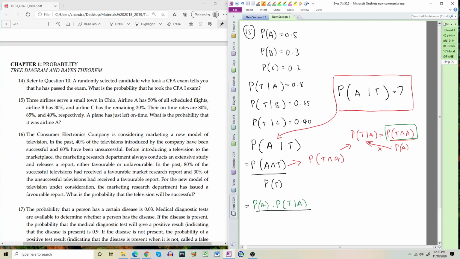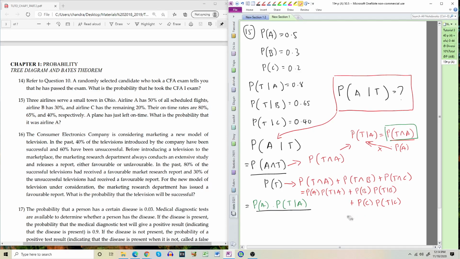Alright. And similarly we can also do this. We want to find the probability of a single criterion plus all the related criteria with that single criterion, which is T and A plus T and B plus T and C. This one would be P(A)P(T|A), P(B)P(T|B), P(C)P(T|C).